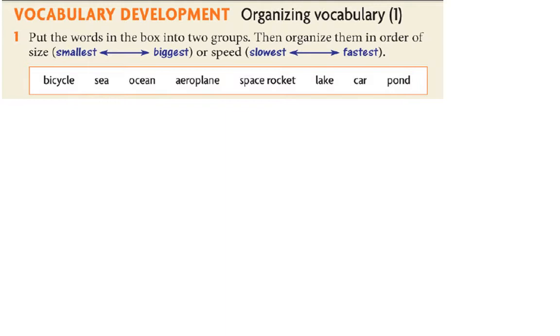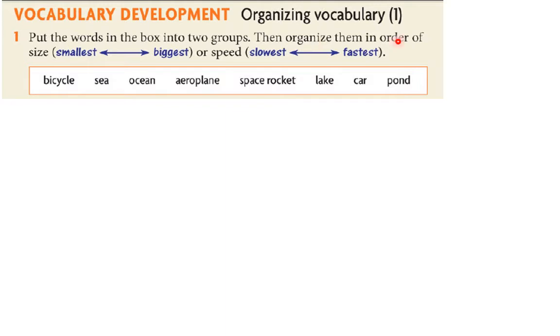On page 14, the first exercise in the vocabulary development is how to organize vocabularies. One of the ways that can be used in memorizing new words is organizing them or arranging them in order.